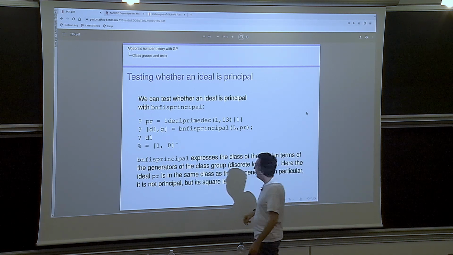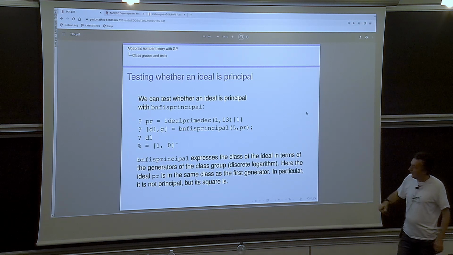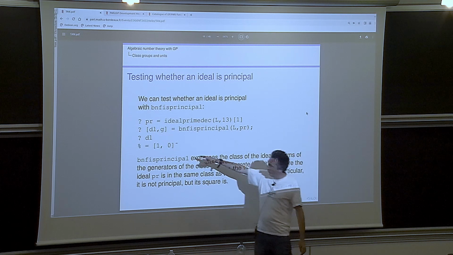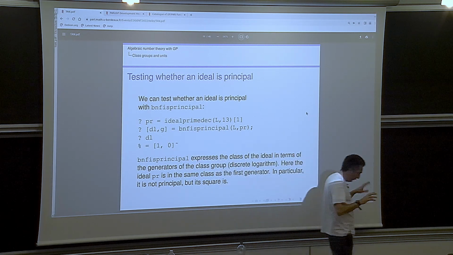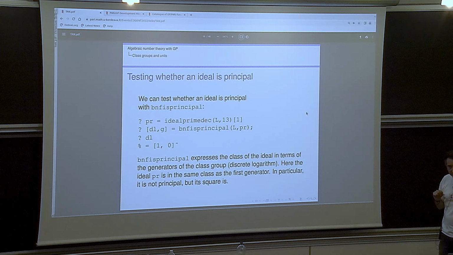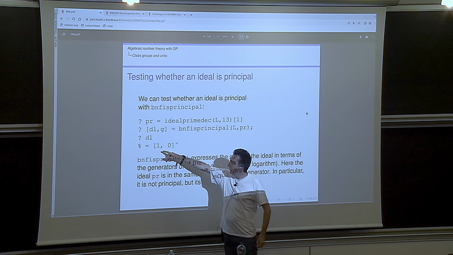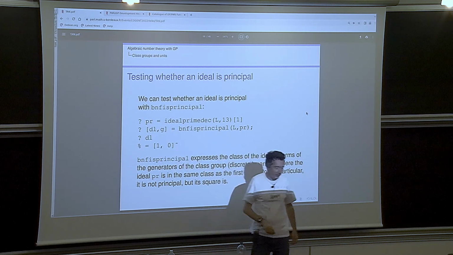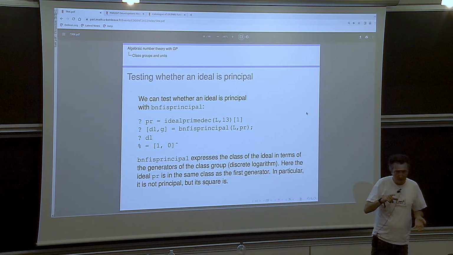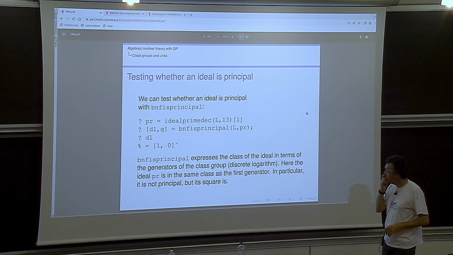The first is a discrete logarithm. So that tells you that the ideal is not principal, actually, but its class in the group is 1, 0. So remember, the class group was this Z over 2Z times Z over 2Z, two generators. So that gives you the component, which is 1 and 0. If it was principal, it should have been 0, 0, the trivial element in the group. Okay?